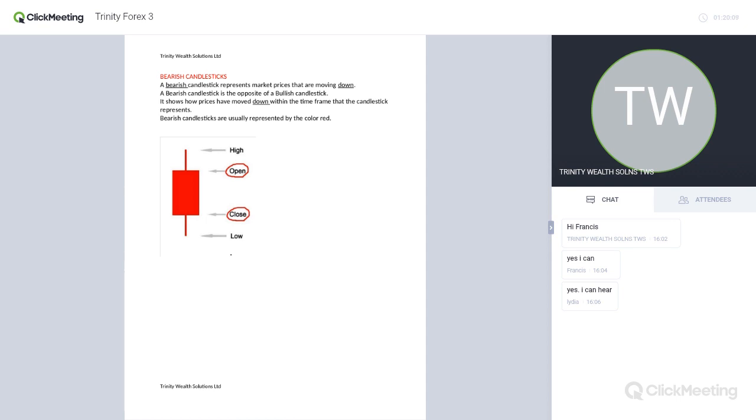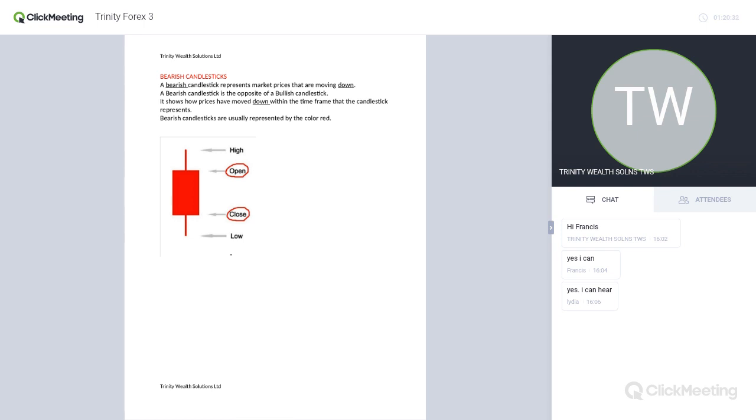You just give it a command in the chart. Tell the market you want the bullish ones to print this color, and the bearish ones to print this color, and it's going to obey the command you've given it. So bearish candlesticks represent market prices that are moving down because the bears are in control. A bearish candlestick is the opposite of a bullish candlestick.